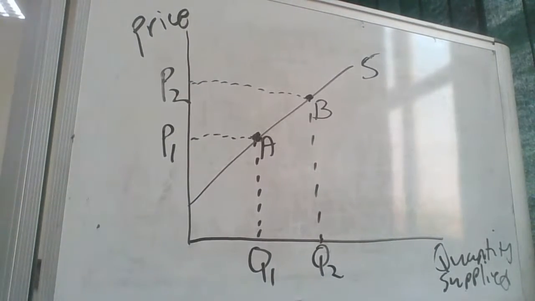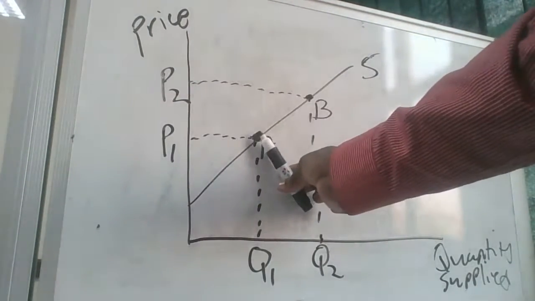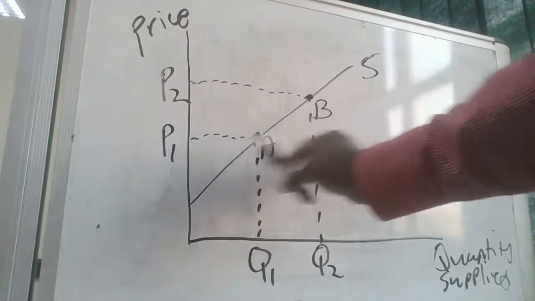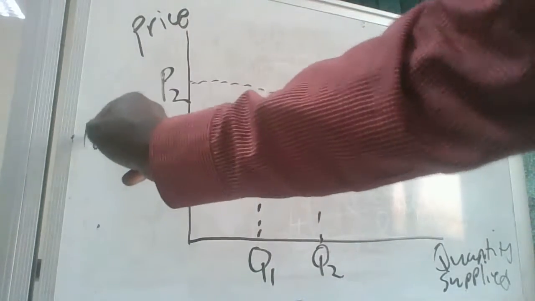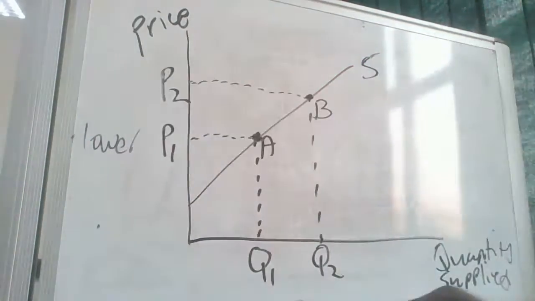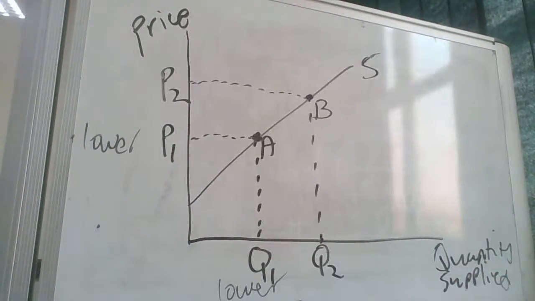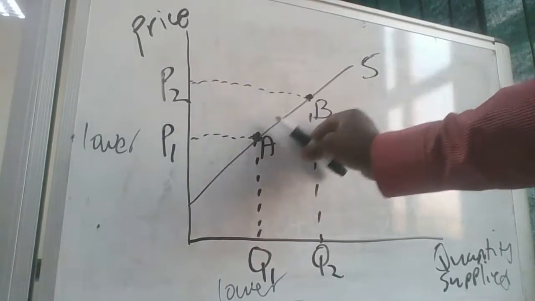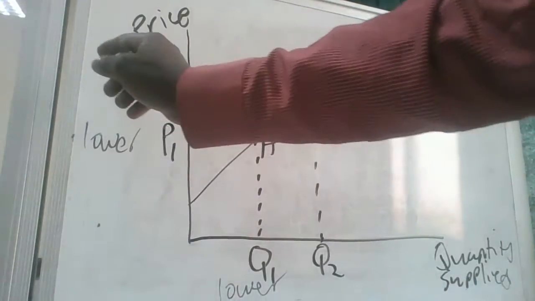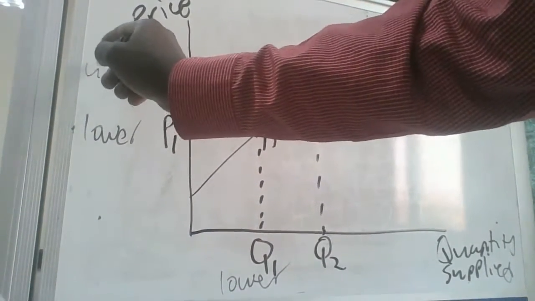Again, let's make the same analysis. At point A, compared to point B, we see that price is at a lower point, so lower. Quantity is also lower. When we go to point B, we compare point B to point A, price is above, so we can say higher.